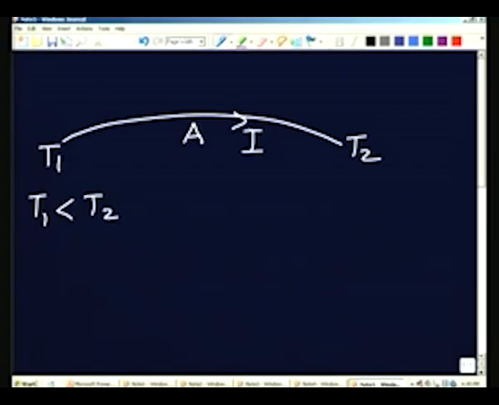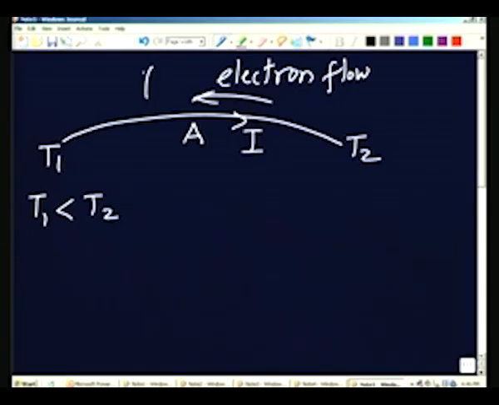The direction of current is this, that means the electrons are moving in this direction, electron flow. This is material A, which is assumed to be a homogeneous material in the form of a wire for our particular purpose. Now, the electrons are moving from a region of higher temperature to a region of lower temperature. So, they will release heat, give out heat.